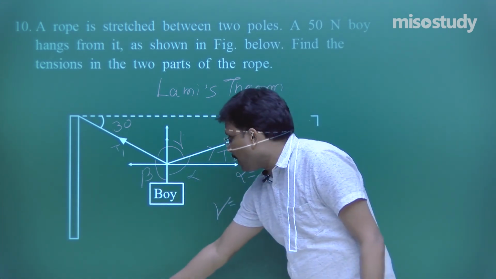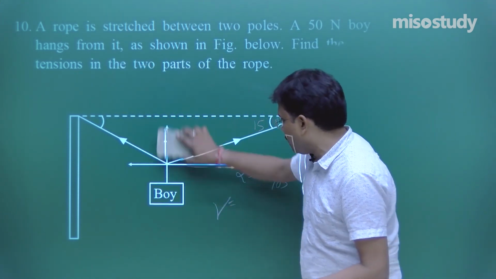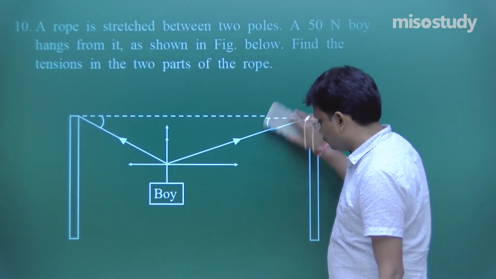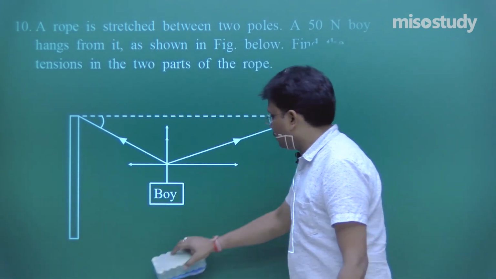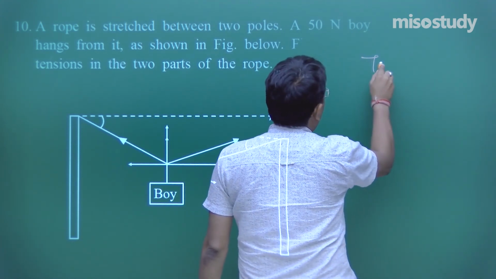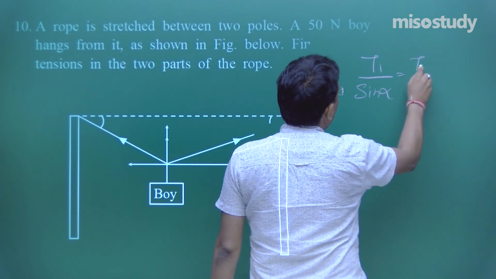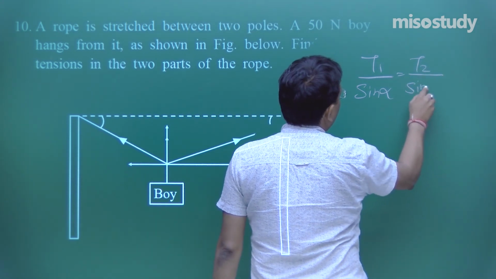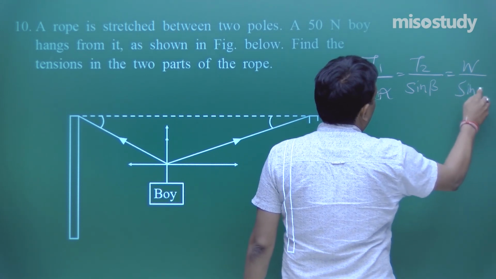After getting these angle values very easily, now I will use Lami's theorem. In this equation you will write down like this: T1 upon sin alpha equals T2 upon sin beta equals W upon sin gamma.